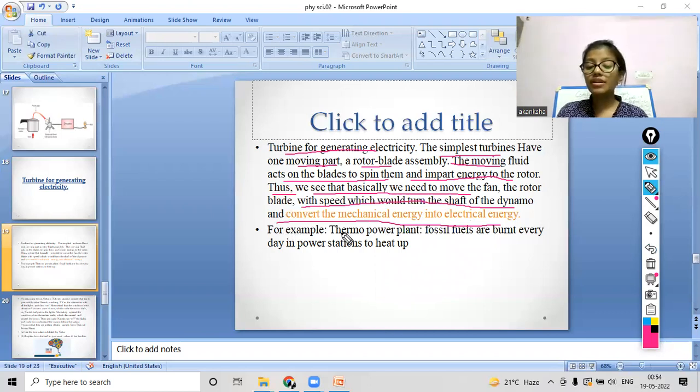For example, in a power plant, fossil fuels are burnt every day in power stations to heat up. So this is one example where mechanical energy is converted into electrical energy. This is one of the examples where turbines are used. Okay, so now we will move on ahead.